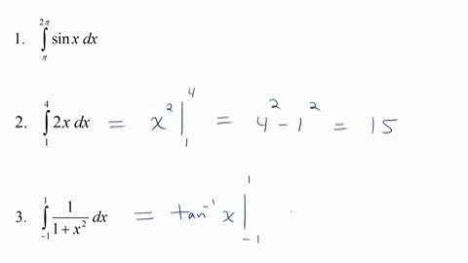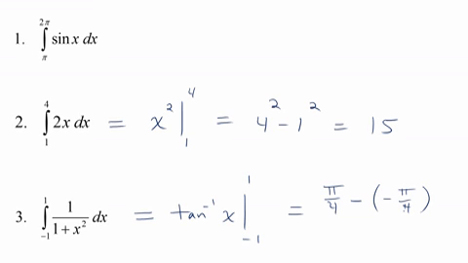So we plug in positive 1 first. The inverse tangent of 1 is pi over 4, minus what we get when we evaluate the inverse tangent of negative 1, which is negative pi over 4.